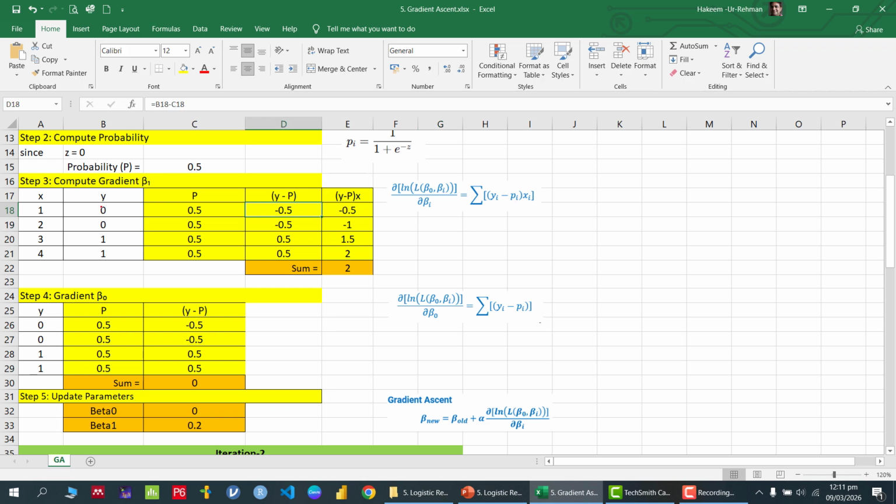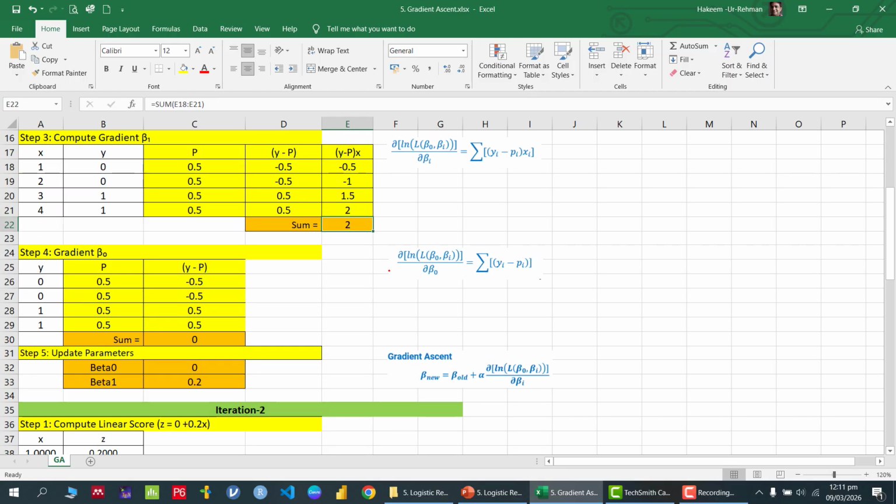So that means 0 minus 0.5, 0 minus 0.5, 1 minus 0.5. These are the y minus probability. Then we multiply with xi, so this column is multiplied with this one. If we sum this, it is going to be the gradient with respect to beta 1. Now we are going to use this in order to calculate the new beta 1.